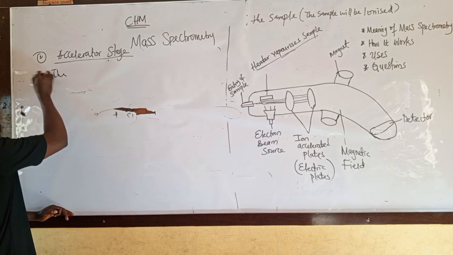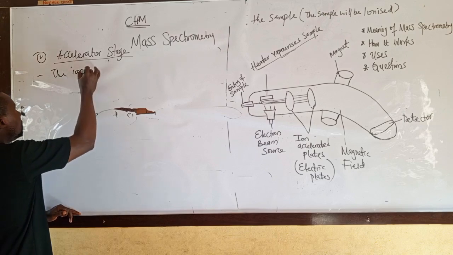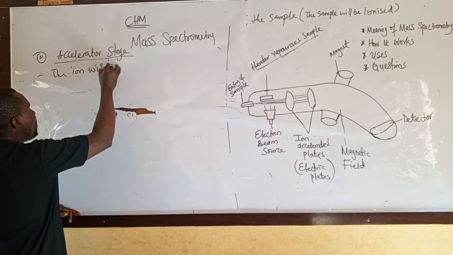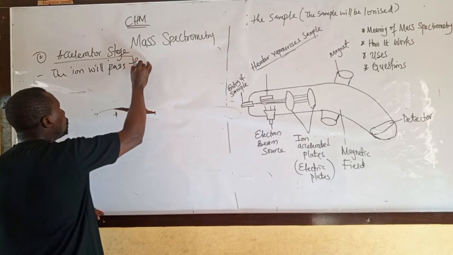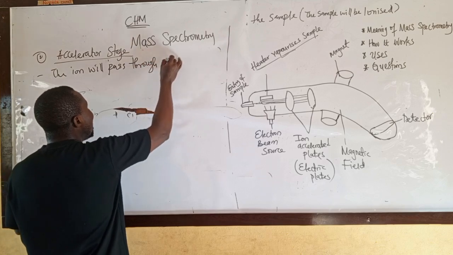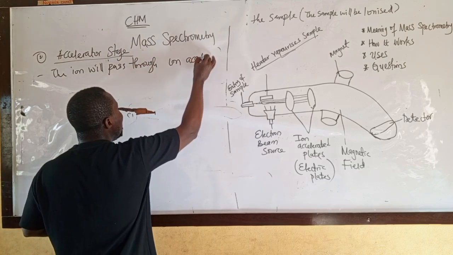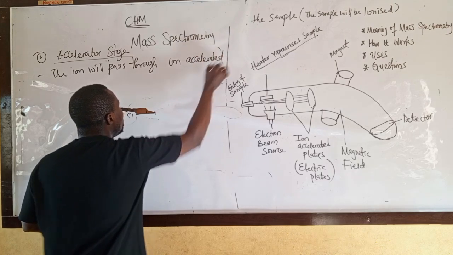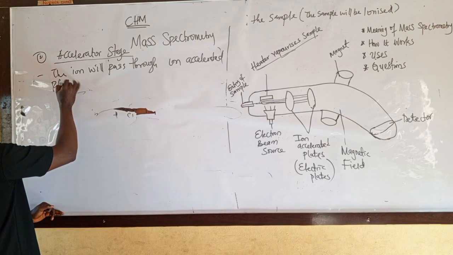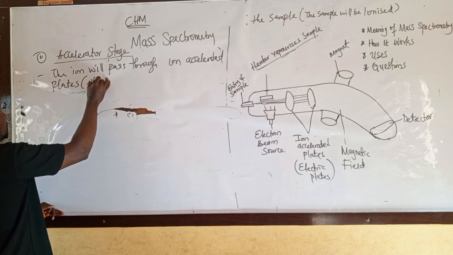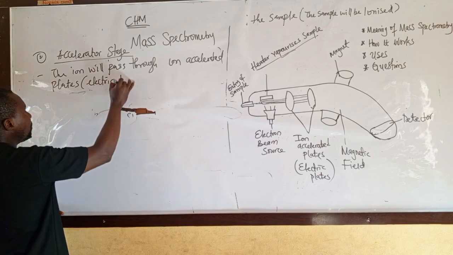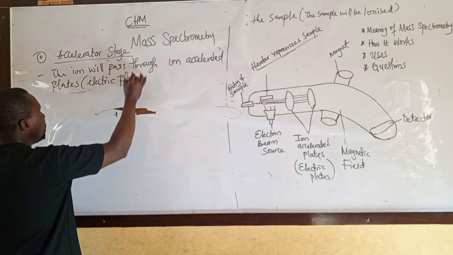At this place, the ions will pass through the ion accelerating plate, which are electric plates.